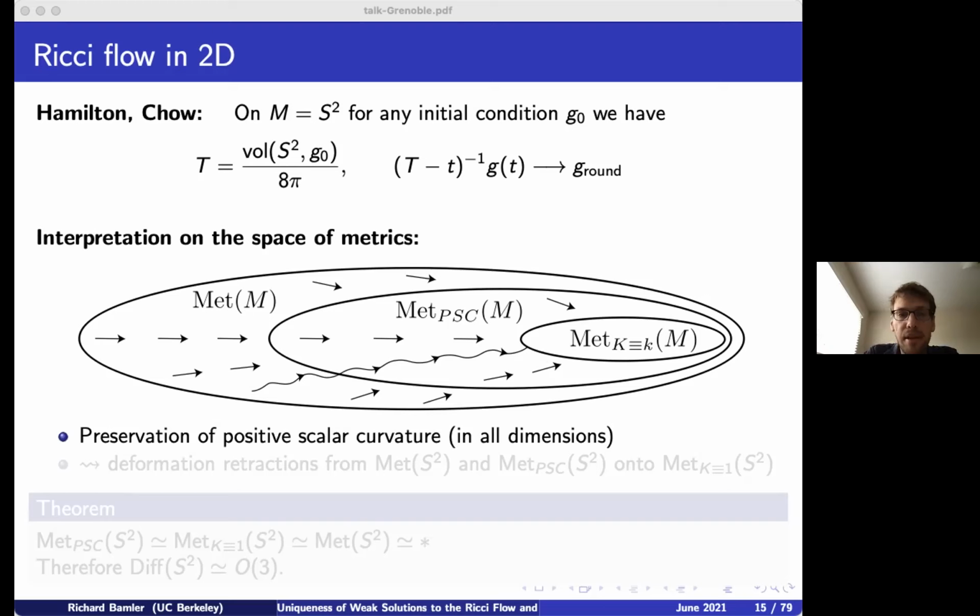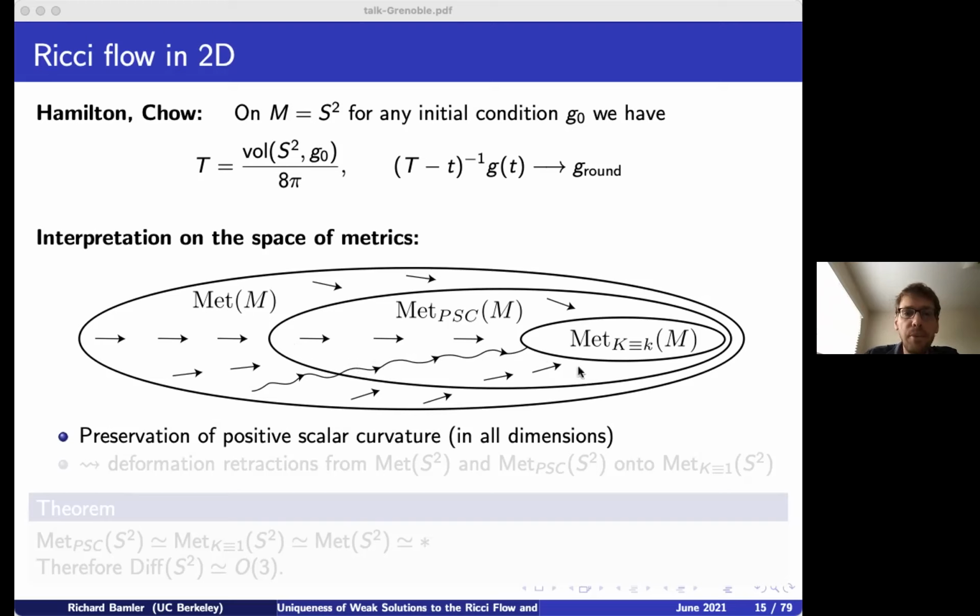The other thing that I should mention is that if we have a positive scalar curvature metric, then the Ricci flow will preserve the condition of having positive scalar curvature. In other words, if we start within this intermediate space, then the Ricci flow will remain within this intermediate space.